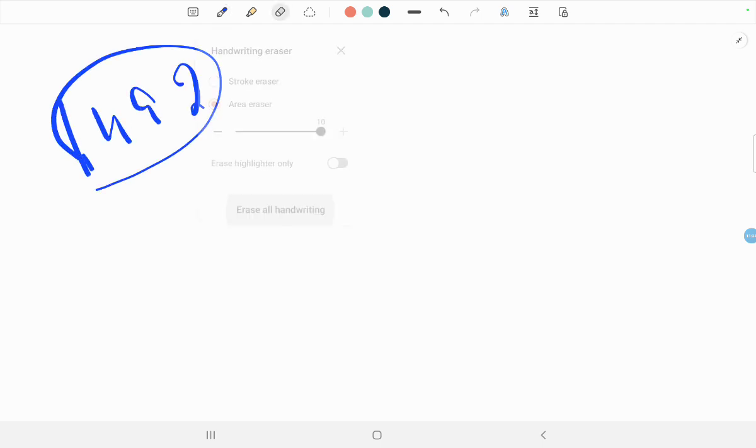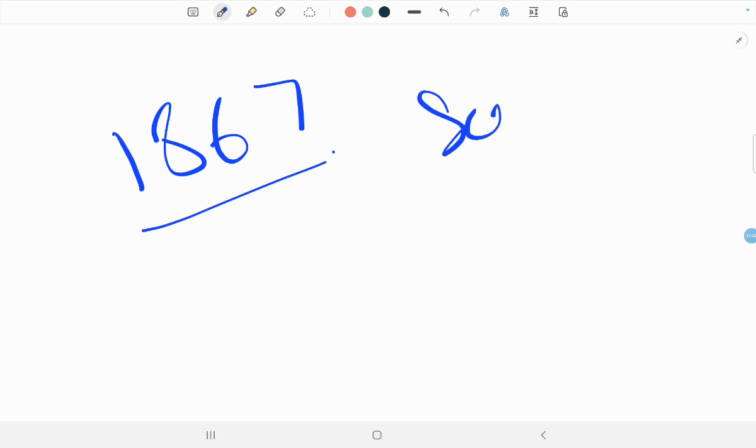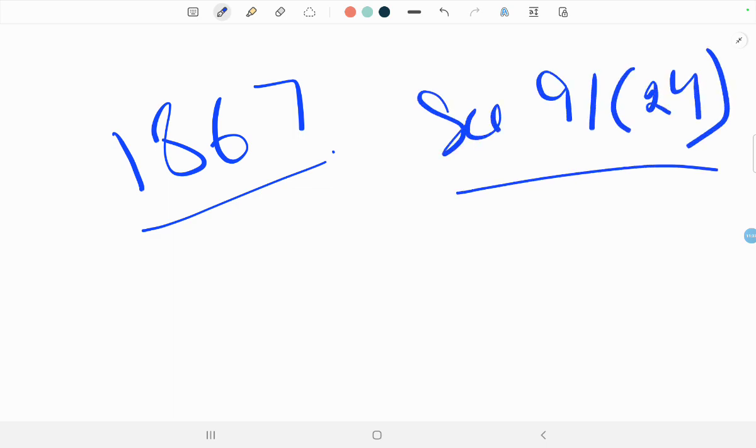Indians here means red Indians, the natives of Canada and North America, whom Columbus in 1492 called red Indians. That is why this word Indians is used in the 1867 Act. Section 91 clause 24 defined this.